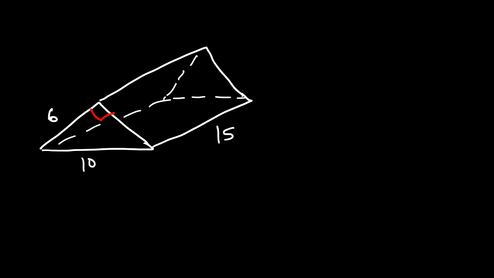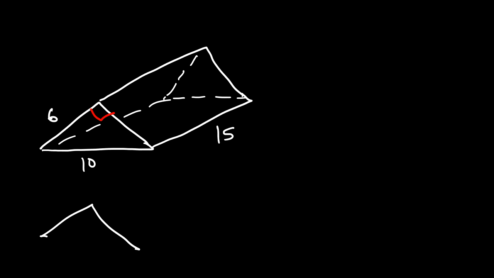So using this information, go ahead and calculate the surface area. Now, in order to find the surface area, we need to find the perimeter of the triangular base. So we need all 3 sides. We only have 2 sides, so we've got to find the missing side. But notice that it's a right triangle.